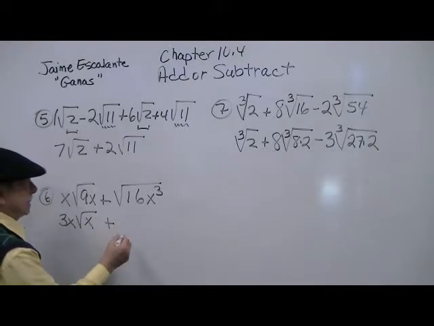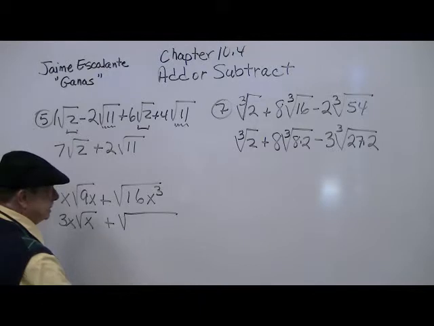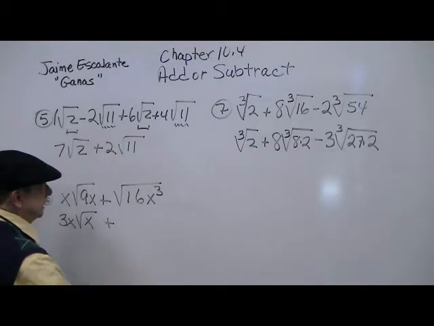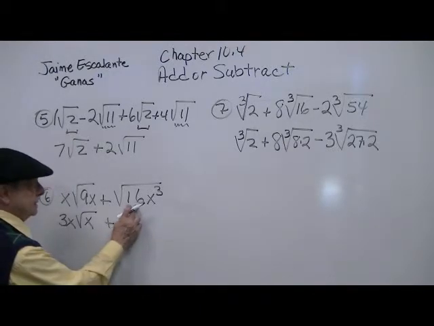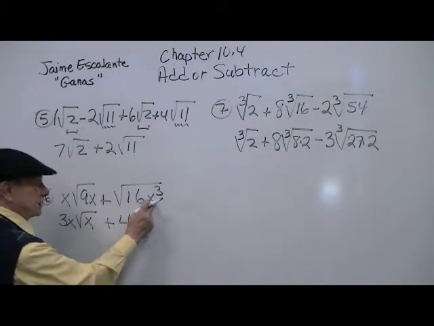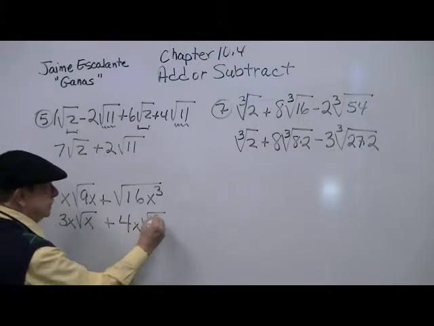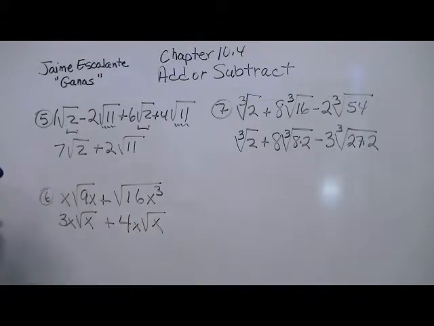Plus, watch this now. This is going to become, let's do it this way here. The square root of 16 is actually 4. The square root of x squared with 1x left over is x, the square root of x.